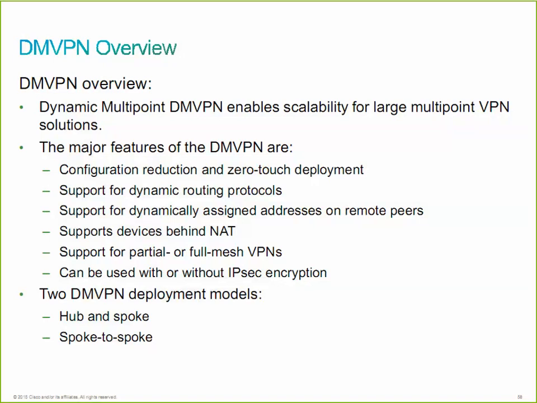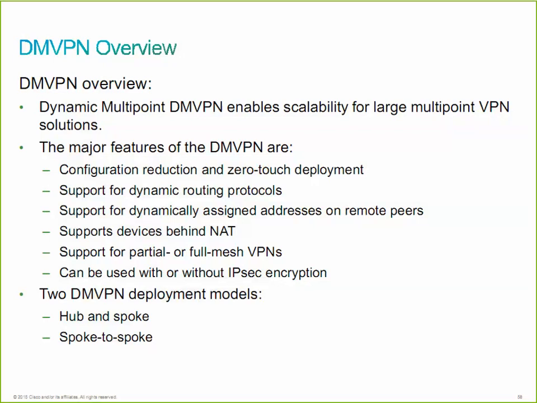So even though DMVPN uses a lot of the same technology that we've already talked about, there is a specific reason why DMVPN is used so widely in the deployment of these VPN technologies. And the main thing is that it enables you as a user to scale these solutions to a much larger environment.